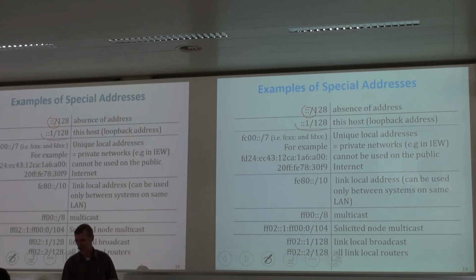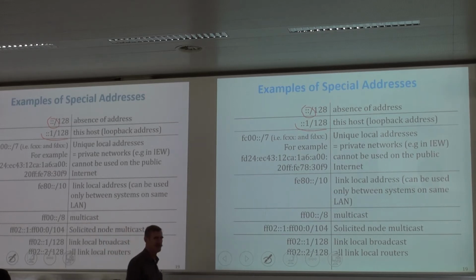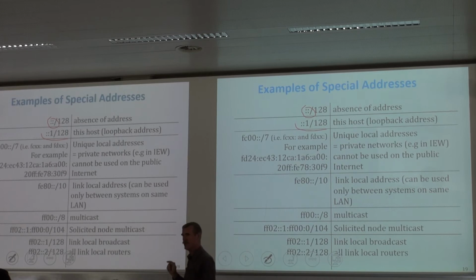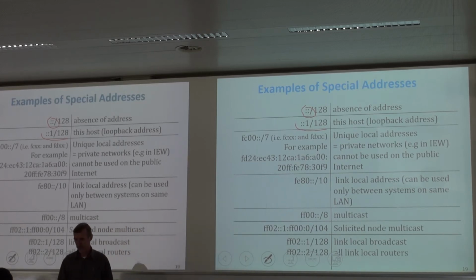The loopback address is 1. So this notation, double colon 1, means 0, as many zeros as you want, until the last hexadecimal digit, which is 1. Then there are also private addresses that all start with FC00/7.